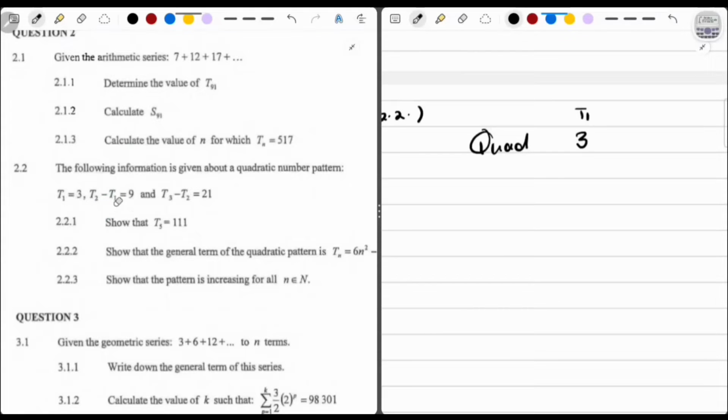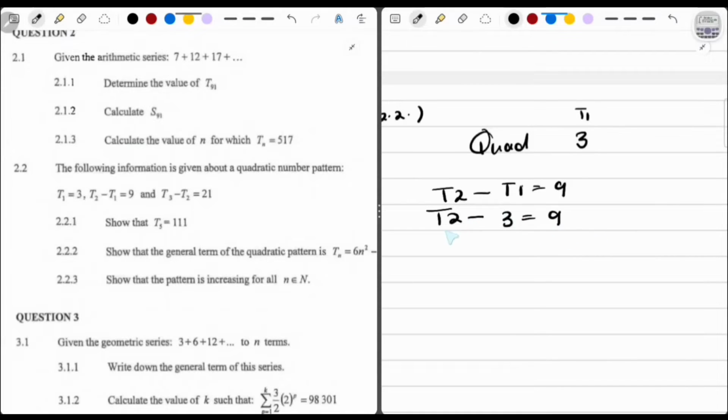Then they say term 2 minus term 1 is 9. Well, they told us term 1. So if they're saying term 2 minus term 1 is 9, then I can easily find term 2 because I know what term 1 is. So term 2 minus 3 is 9.